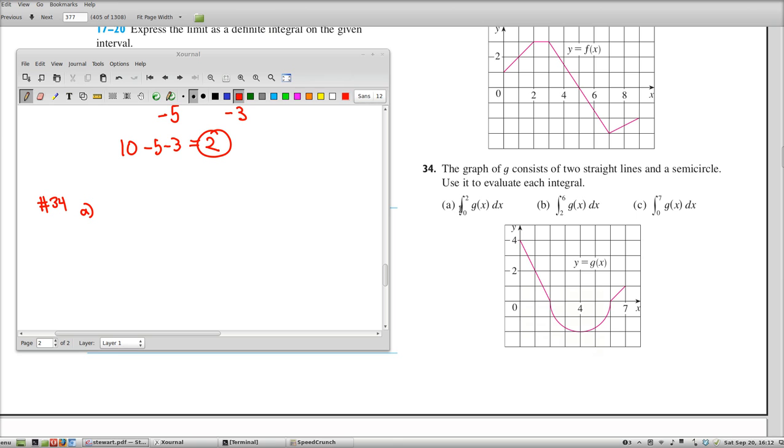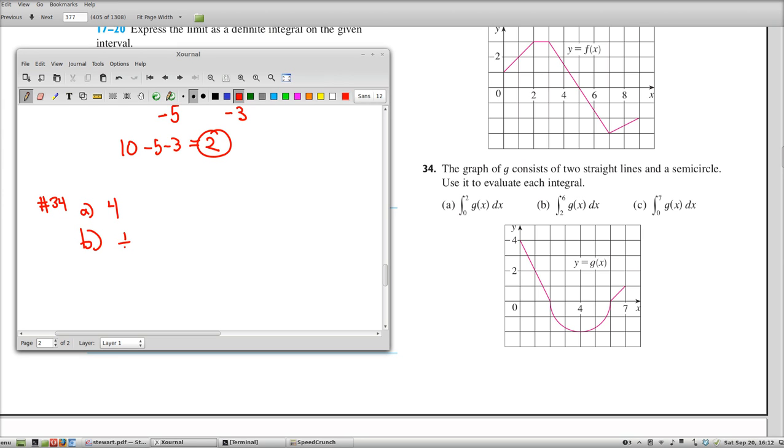So we want the area from 0 to 2, and this is just block counting again, so it's just 4, right? Because it's half of these 8 blocks. And let's do B. And from 2 to 6, so here's 2, 3, 4, 5, 6. So it's just that semicircle.